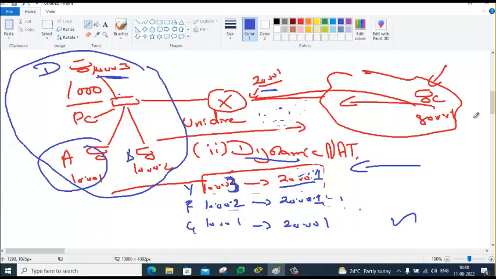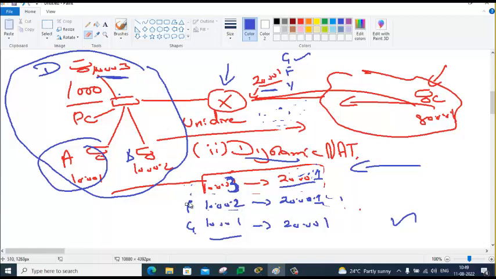Now all will be replying to 20001. Google reply is coming, Facebook reply is coming, Yahoo reply is coming. Now how will the router know that it needs to send Google to 10001, Facebook to 10002?